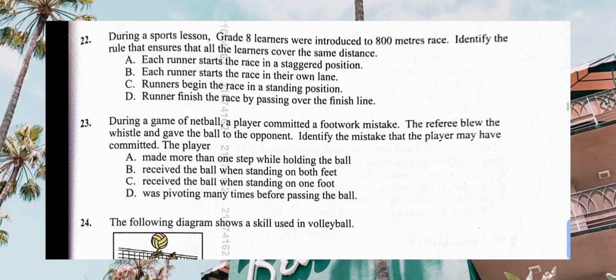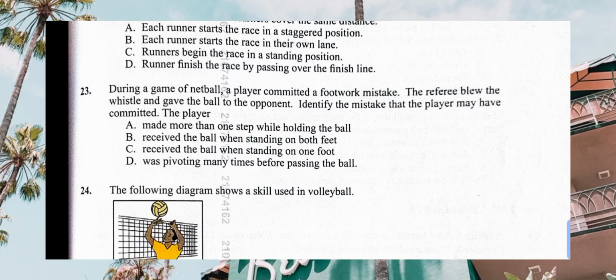Number 23, during the game of netball, a player committed a footwork mistake. The referee blew the whistle and gave the ball to the opponent. Identify the mistake that the player may have committed. Yes, we look at made more than one step while holding the ball. Then receive the ball when standing on both feet, receive the ball when standing on one foot, then pivoting many times before passing.